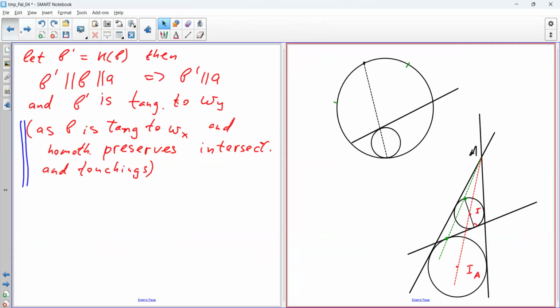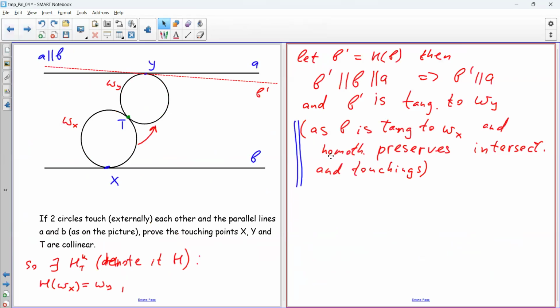Okay. So here now we have that we had the tangent line and the circle. So the images will be a circle and a tangent line. That is why I write here that B prime is tangent to omega y.